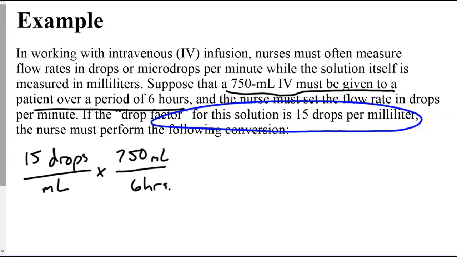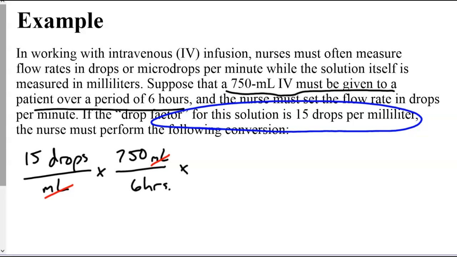And so notice we're setting up, we've got milliliters and milliliters, so we're going good here. Let's just do this as we go along. We can cancel out milliliters, and we've got drops per hour on here, but the problem is asking for drops per minute.